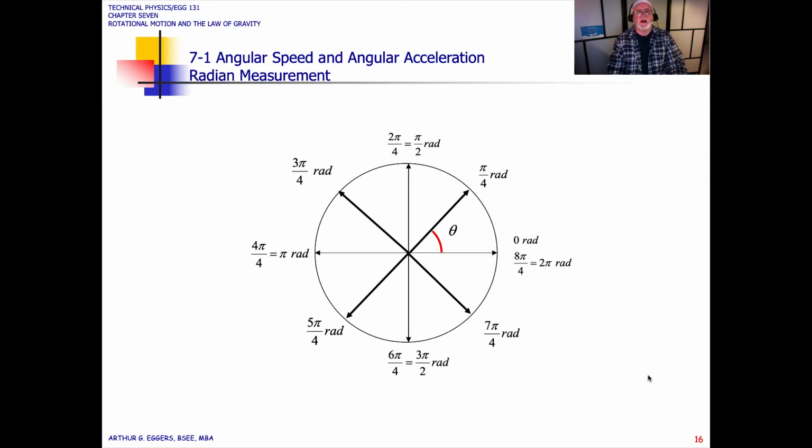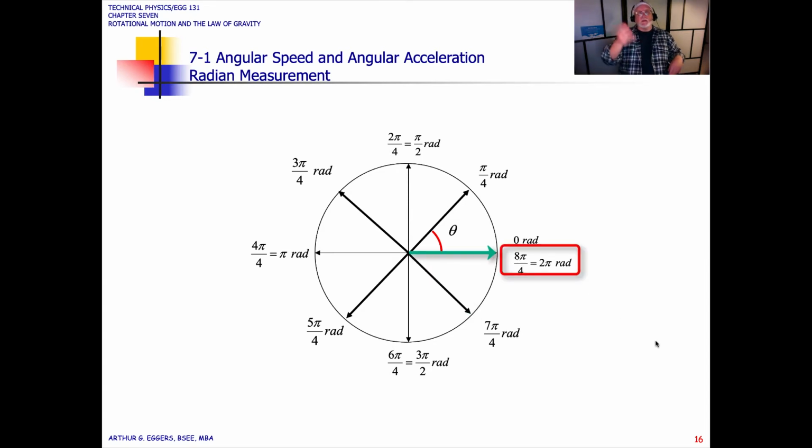When we do that, we've gone from 0 radians to pi over 4 radians, then 2 pi over 4, which is pi over 2 radians, then 3 pi over 4 radians, then 4 pi over 4 radians, which is pi radians, 5 pi over 4 radians, 6 pi over 4 radians, which is 3 pi over 2 radians, 7 pi over 4 radians, and then 8 pi over 4 radians, which is 2 pi.